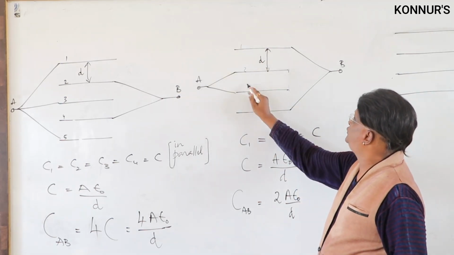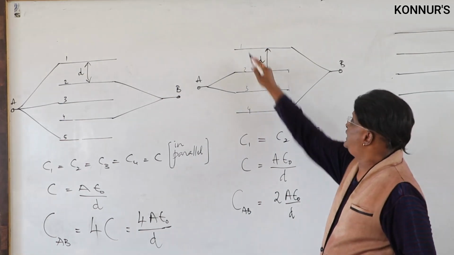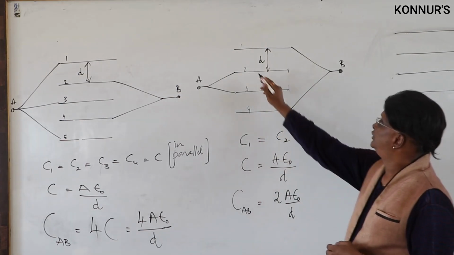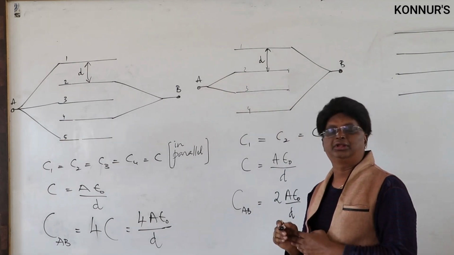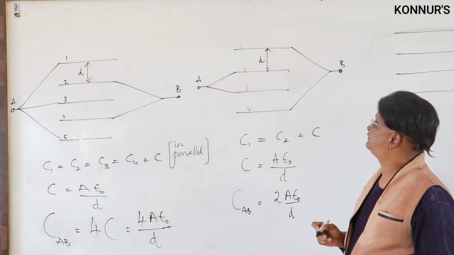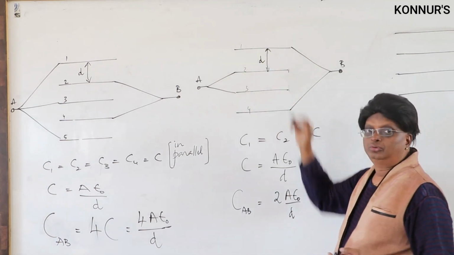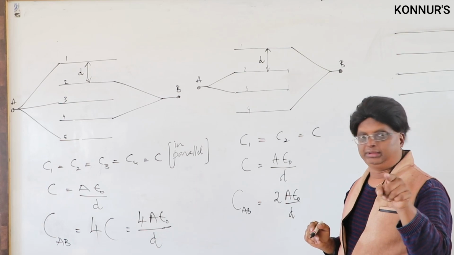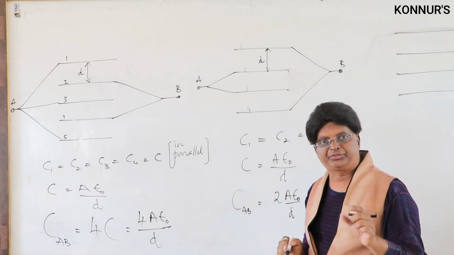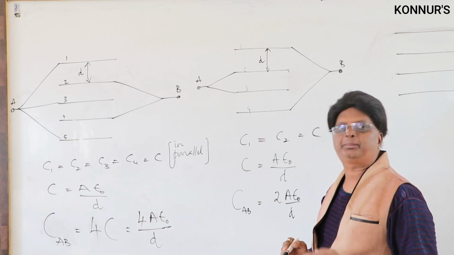If I name them 1, 2, 3, 4, then 1 and 4 are connected to the potential VB, and 2 and 3 are connected to the potential VA. Therefore in this case, 1 and 2 form an arrangement with PD, yes, therefore a capacitor. 3 and 4 is also an arrangement with PD, so it's again a capacitor.